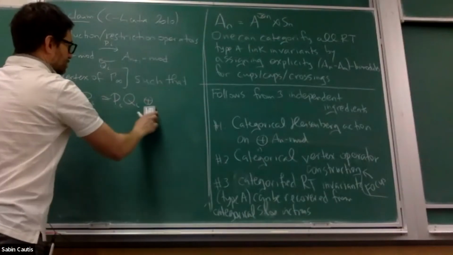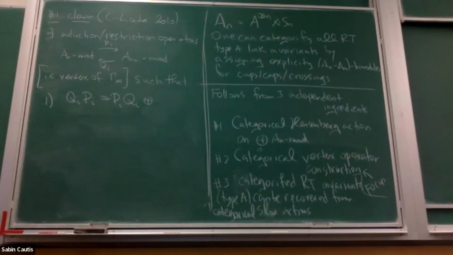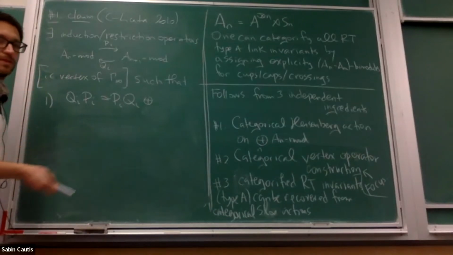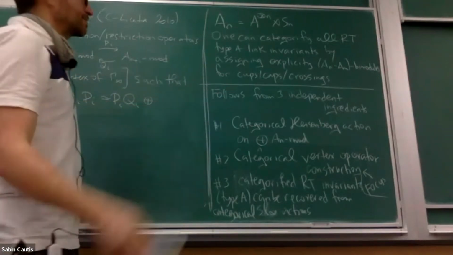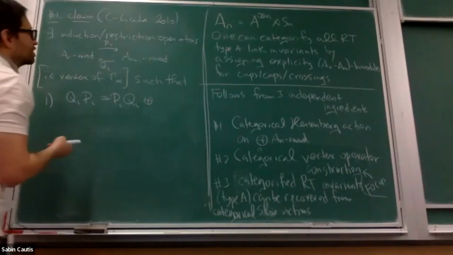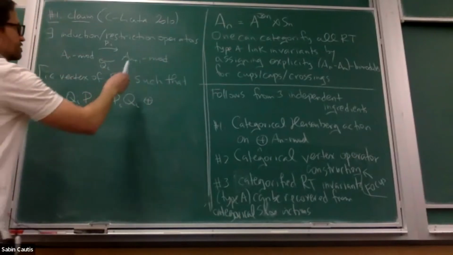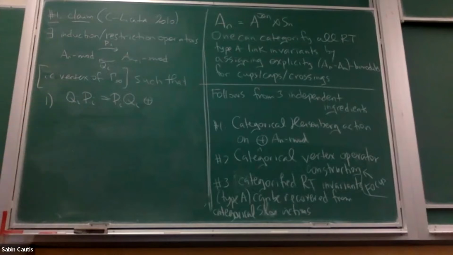Let me not use this notation in case you haven't seen it. Let me just point out that this algebra I just erased, of course, is graded because you can grade everything by the length of the paths. So everything here, I should write graded mod, but since I'm lazy and I haven't done it so far, I'm not going to write it. But everything is graded in the story.